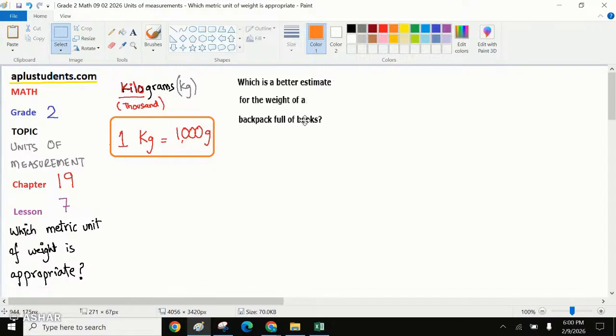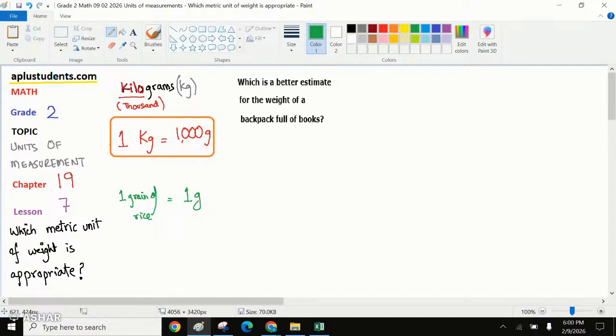I'll give you an example first. 1 grain of rice can be considered as 1 kilogram. Oh, sorry, 1 gram. My bad. 1 grain of rice we'll consider as 1 gram.